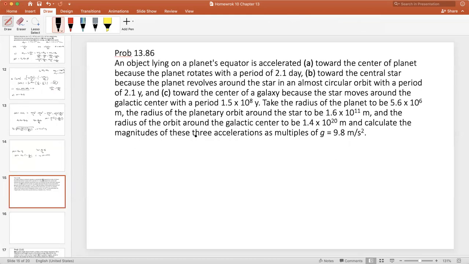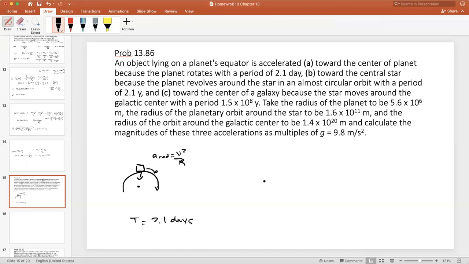An object lying on the planet's equator is accelerated toward, it's accelerated number 1. So when an object is going around a planet, let's call it a box, okay? It's got a radial acceleration, ARAD. Remember that is V squared over R. And it's got a period here of 2.1 days.